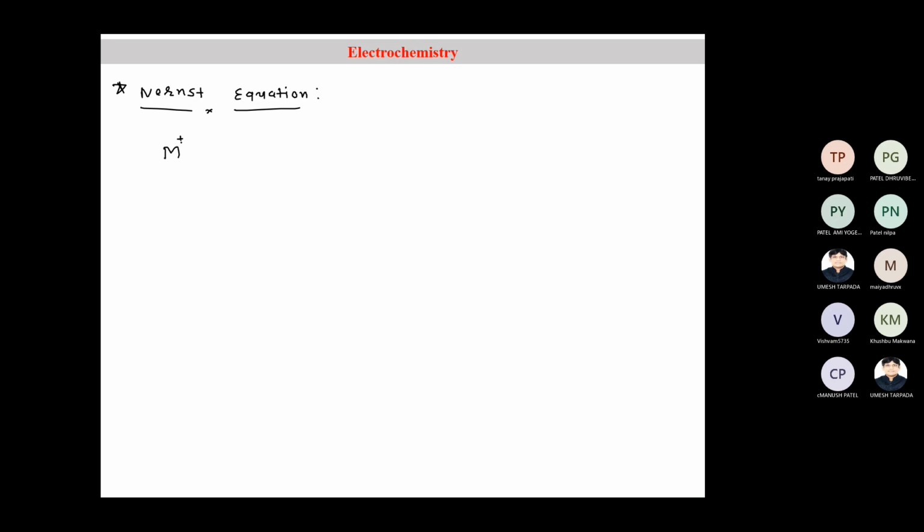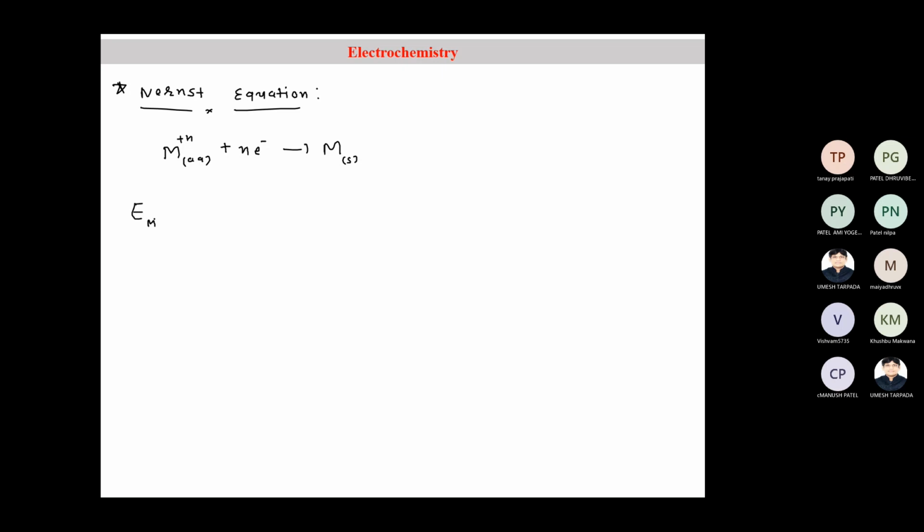This is written for a reduction reaction. Suppose this is your reduction reaction, any reaction which gains electrons to give metal. So in this case, how to write down the Nernst equation?